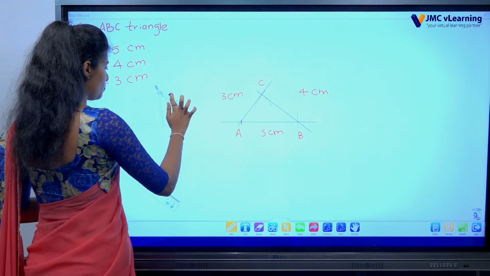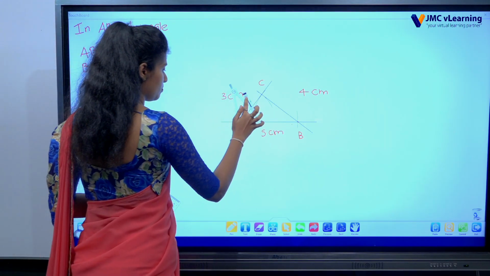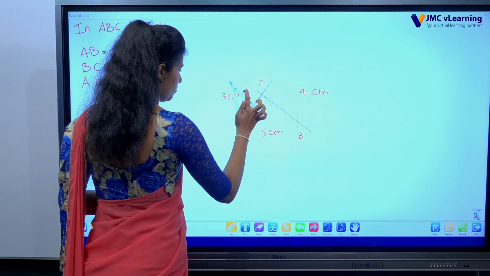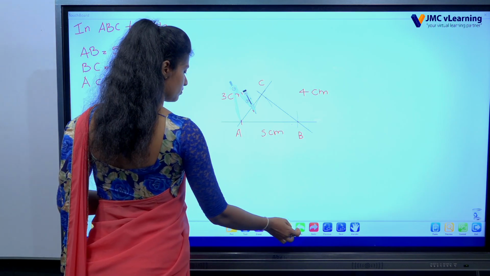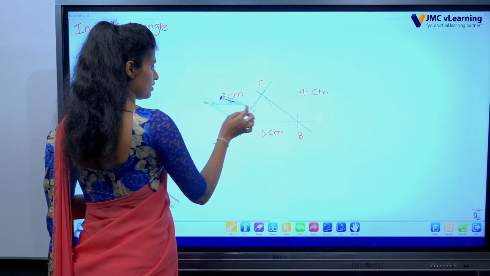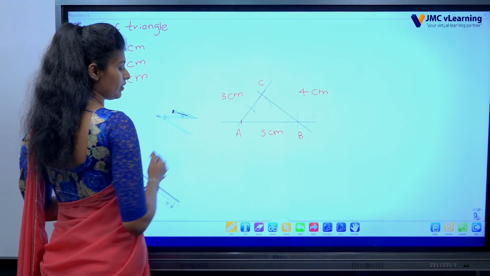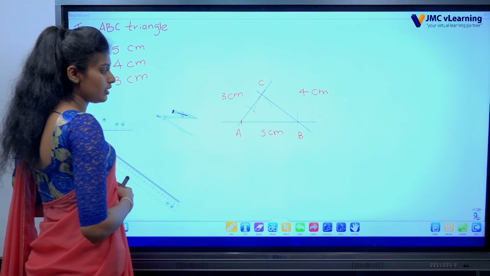Let's measure 1.5 and let's mark 1.5. This is the 1.5, that means that is the midpoint of AC line.